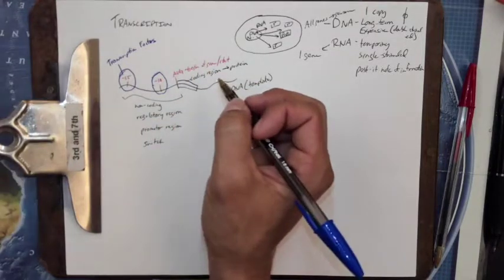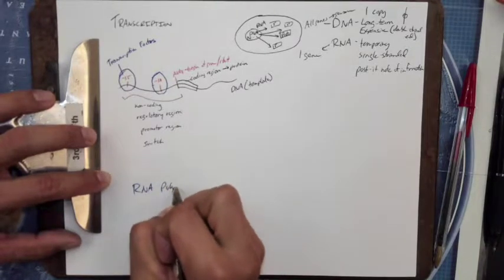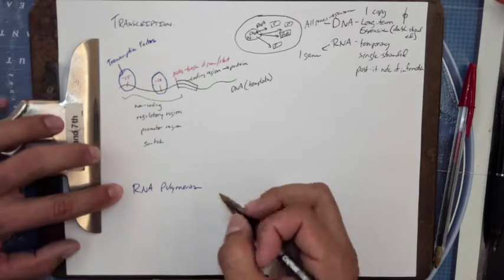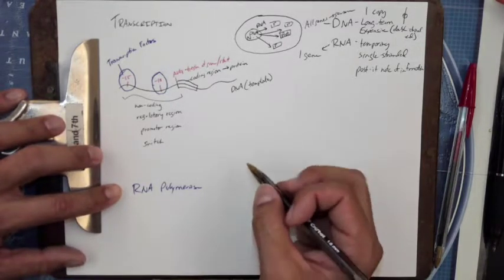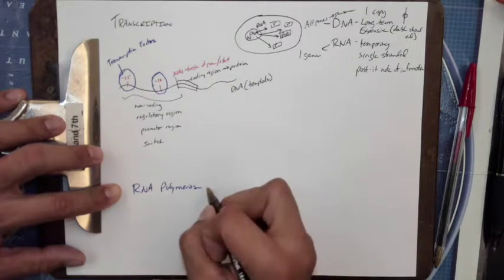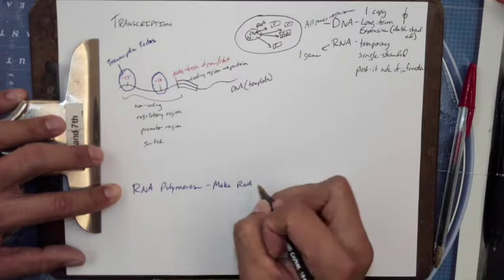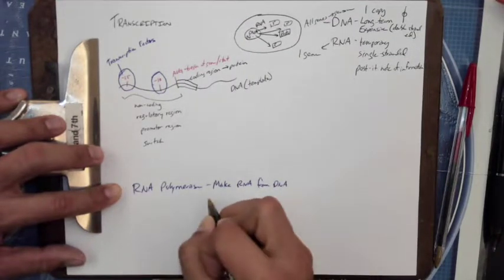So the RNA polymerase is what is actually going to make RNA. And unlike what we saw with DNA polymerase, it does not need a primer. It does not need helicase and topoisomerase to open up this gene. RNA polymerase is going to make RNA from DNA.